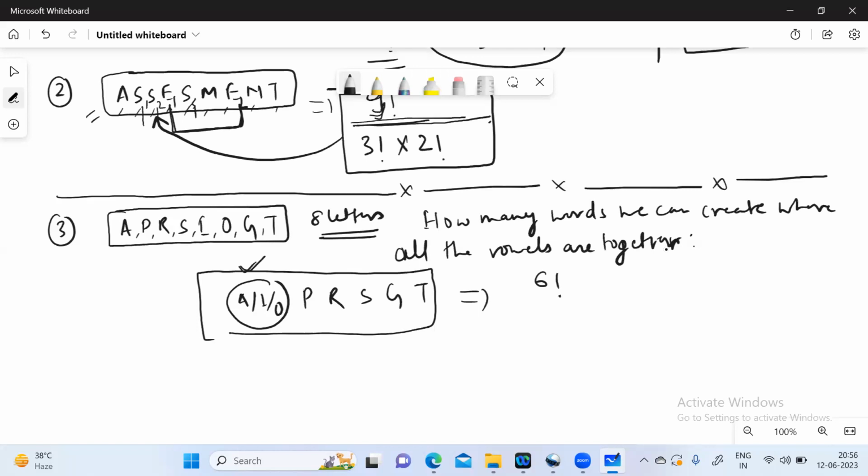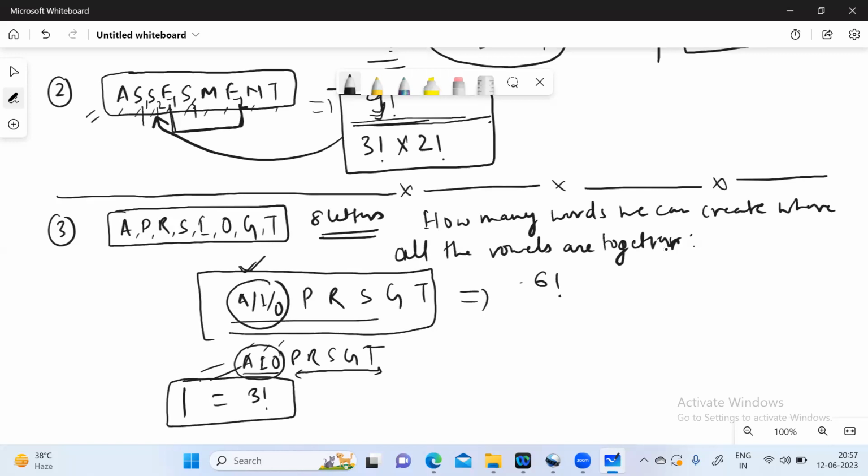But let's say one of the words in this 6 factorial is A, I, O, P, R, S, G, T. If all 3 letters are considered together, and we keep this position fixed, we can arrange these 3 letters in 3 factorial ways. So each such word can be written as 3 factorial more types of words.